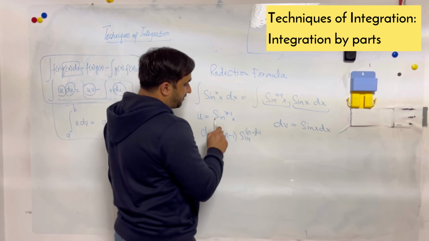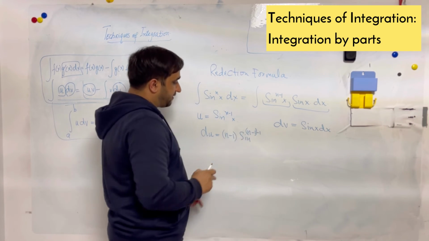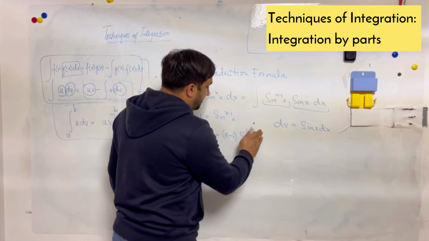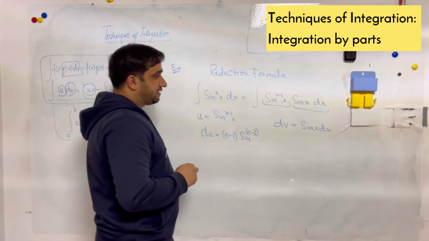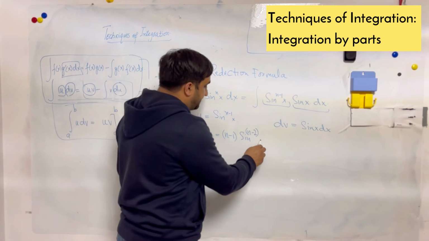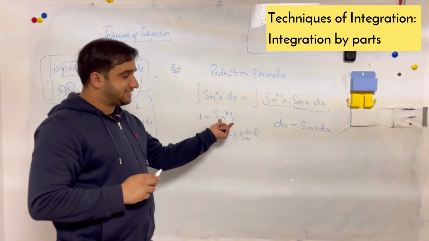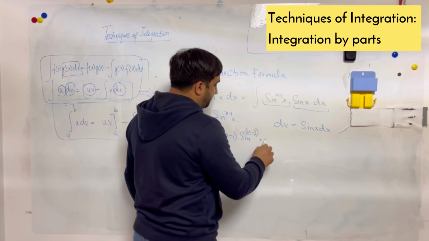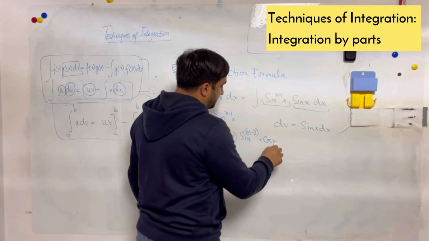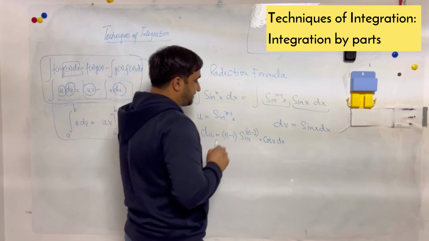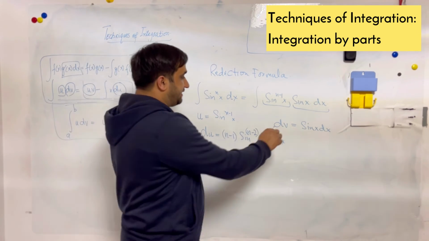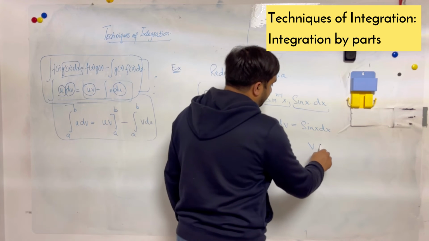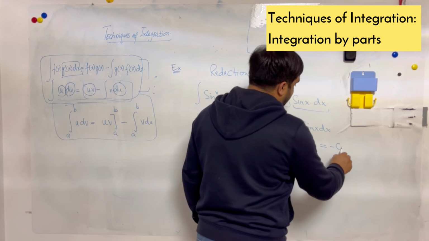This was the actual power and this minus 1 from the power rule of the derivative. So this will become n minus 2. Again the derivative of simple sine according to the derivative rule will be cos x dx. And on the other side, when we take the integration of this guy, it will become minus cos x.